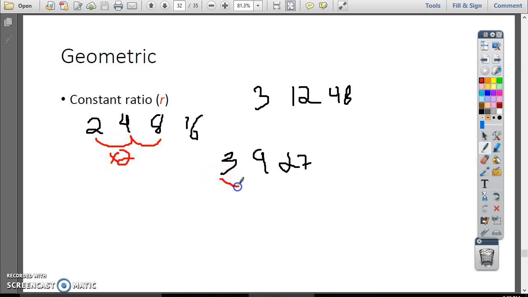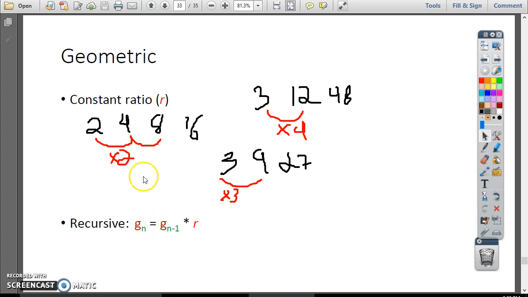Okay? In this case, we are multiplying by 3. We are multiplying by 4. Okay? So to get to the next term, you take the previous term and multiply by whatever the ratio is. So that's what we have for our recursive formula.